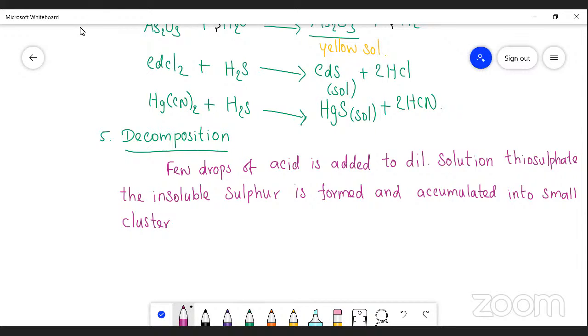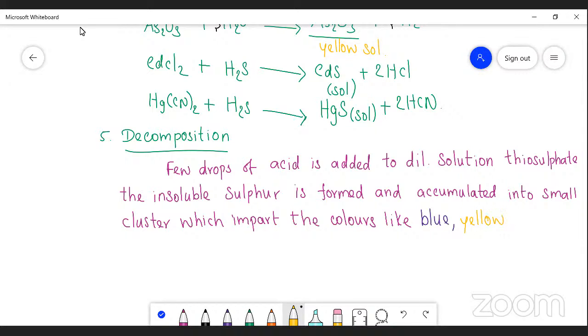The small clusters impart colors like blue, yellow and red.